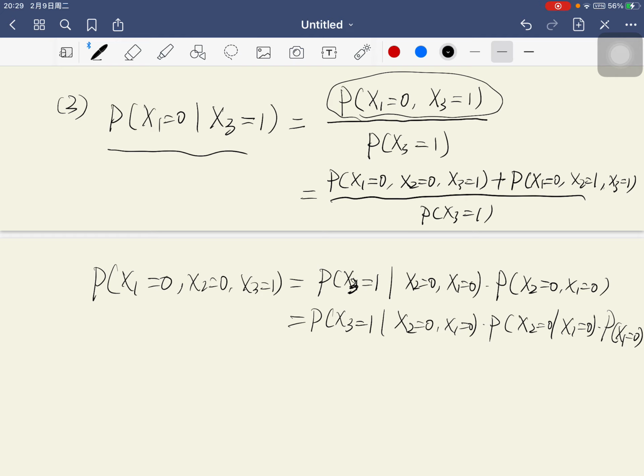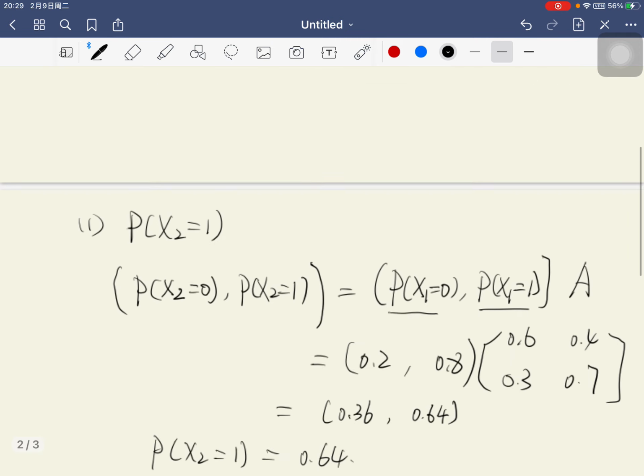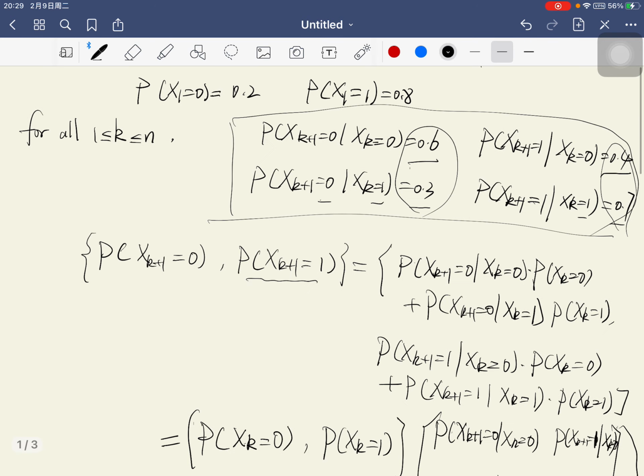So we could also use the conditional probabilities for these four conditions.